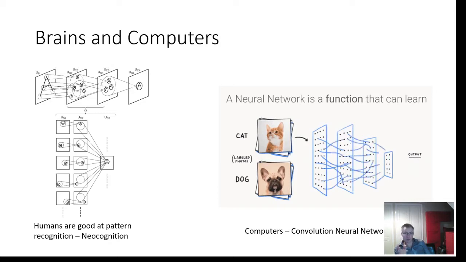In neocognition, if you see the letter A, you understand that it's the letter A. Now, the brain actually undergoes quite a few processes, from the photons that reach the eye to the understanding that that's the letter A. So what the people who invented this convolutional neural network, this CNN, have done is take the processes that the brain uses and translate them into processes that a computer can use.